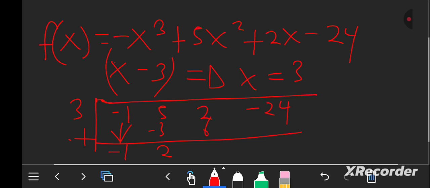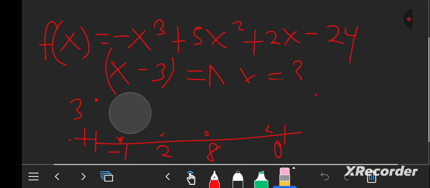When you get 6, you add to 2. So what you're adding is the coefficient and also the product which you get. So what is 2 plus 6? That is 8. Then if you multiply 3 multiplied by 8, you get positive 24. At this point, when you add negative 24 and positive 24, you get 0. So we've found the quotient, the value which you get after division, it is called a quotient.